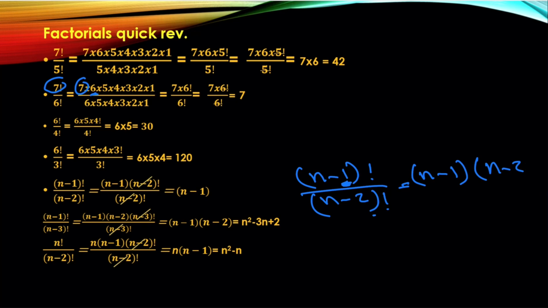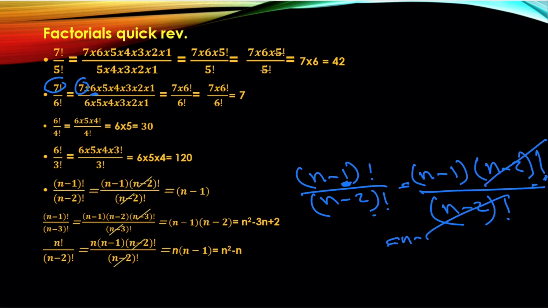So we have to stop here, and this will be the factorial, and here n minus 2 factorial. If it was n minus 3, I would have to expand one more, until the end reaches n minus 3. But since it is n minus 2, I have to stop here. So in this case, what will happen? n minus 2 factorial will cancel n minus 2 factorial, and you end up with n minus 1.